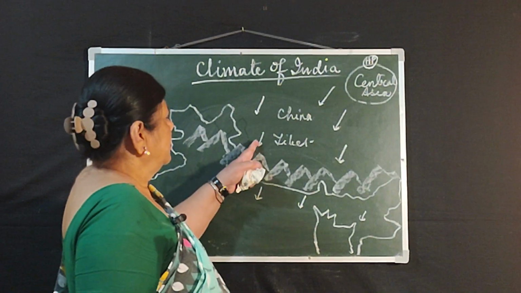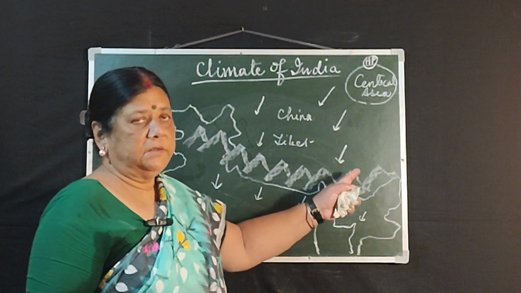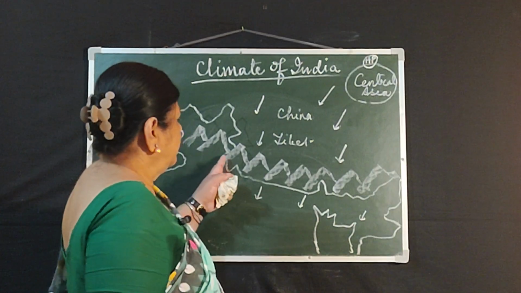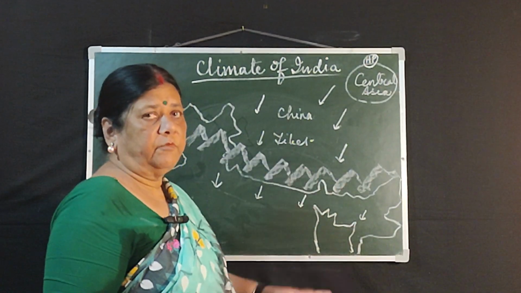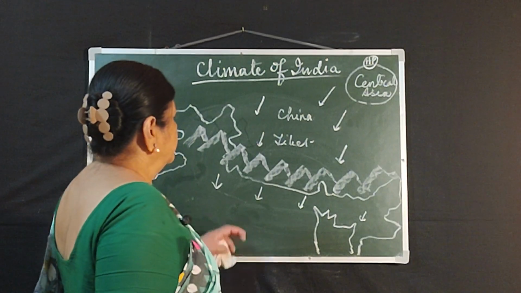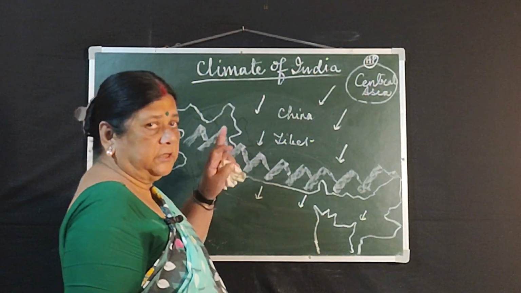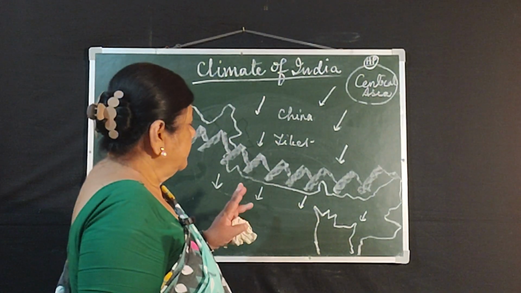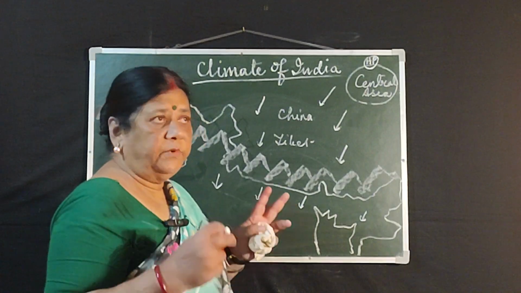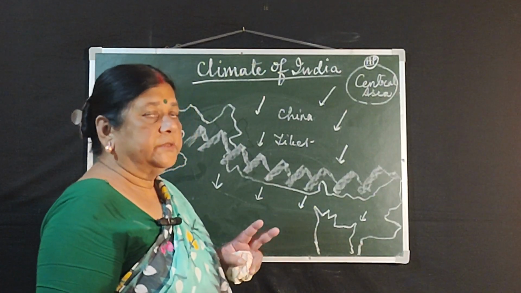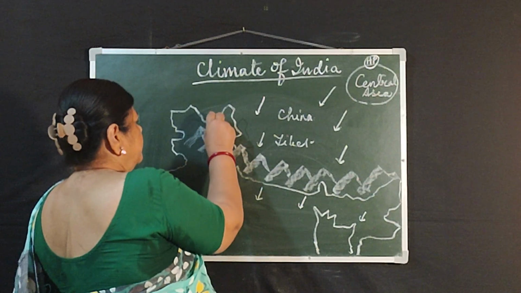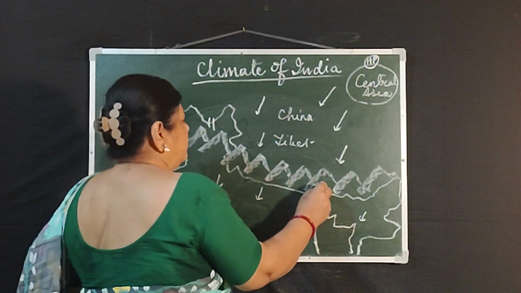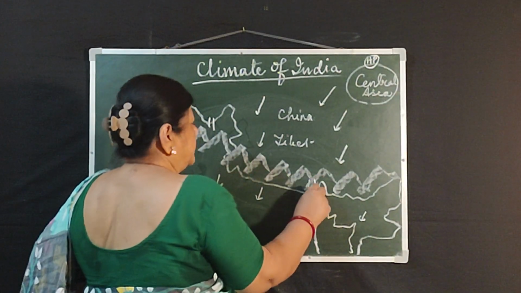Now these winds are blocked by the high Himalayas which are standing in an east-west direction along the northern part of our country. So these mountains block the winds. So the winds cannot enter India. Some of the winds enter through the gaps and passes which are present in between the mountain ranges.